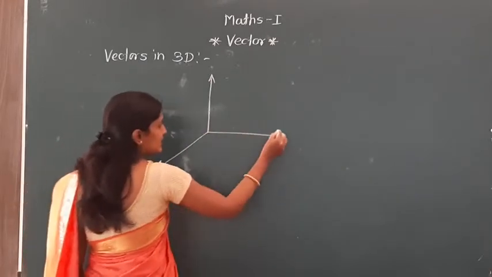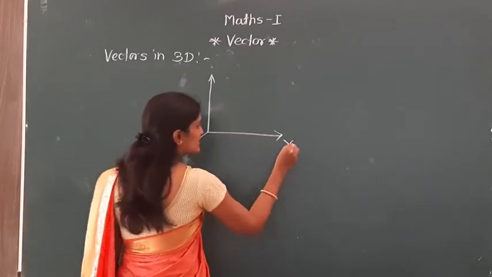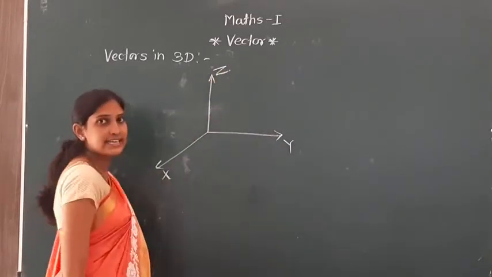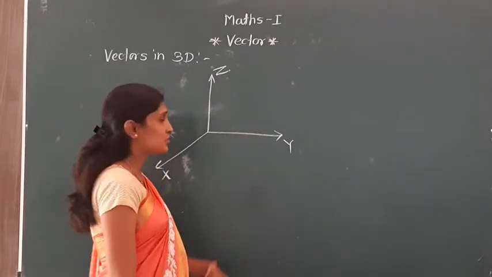We consider three axes which are perpendicular to each other. This is the x-axis, this is the y-axis, and this is the z-axis.